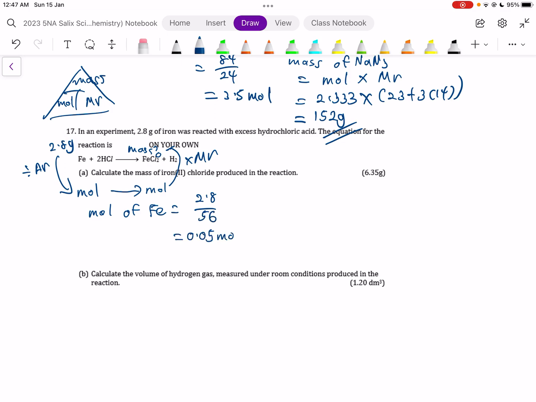0.05 mole. Okay, so next thing, find the number of mole of FeCl2. So you take the mole multiply by Mr. The mole should be the same.